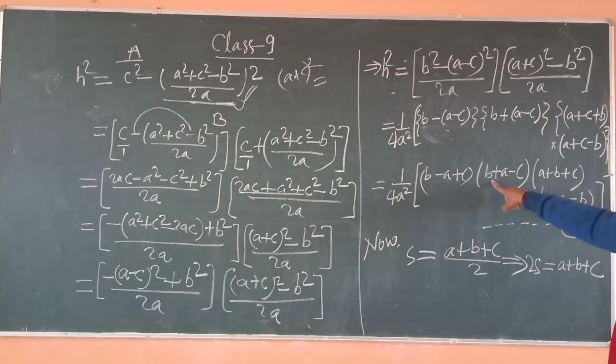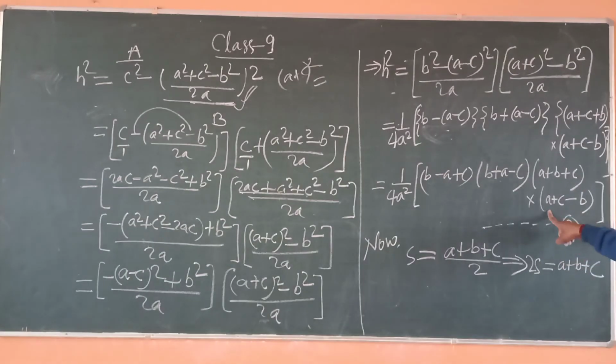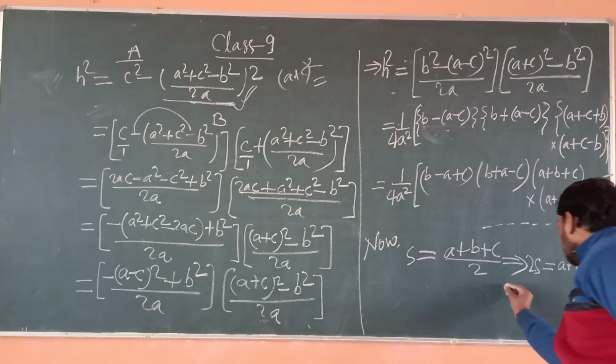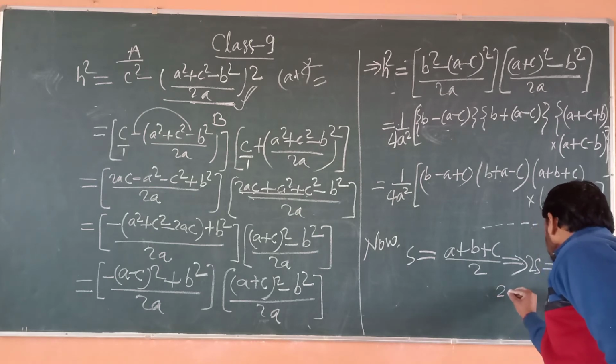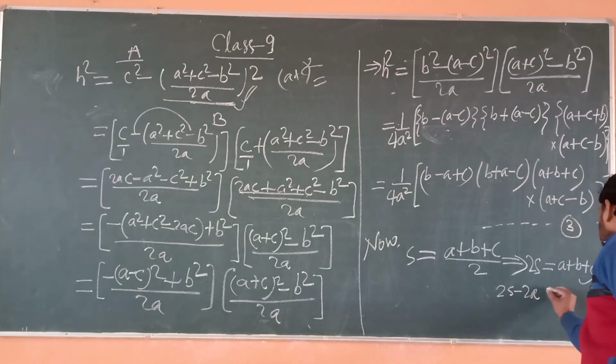We can find the value of b plus a minus c, or b minus a plus c, or a plus c minus b. So 2s is equal to a plus b plus c, and 2s minus 2a is equal to a plus b plus c minus 2a.